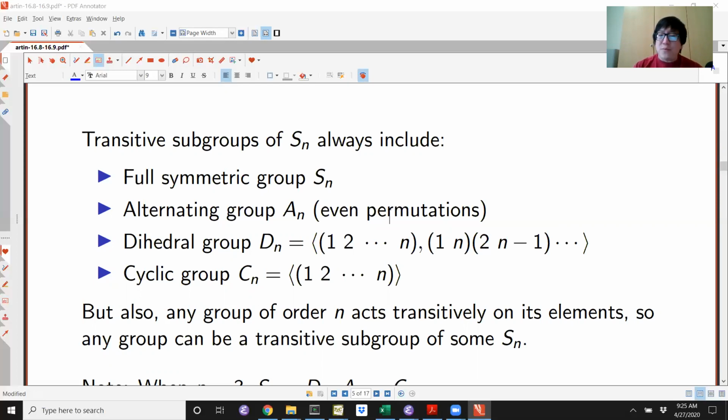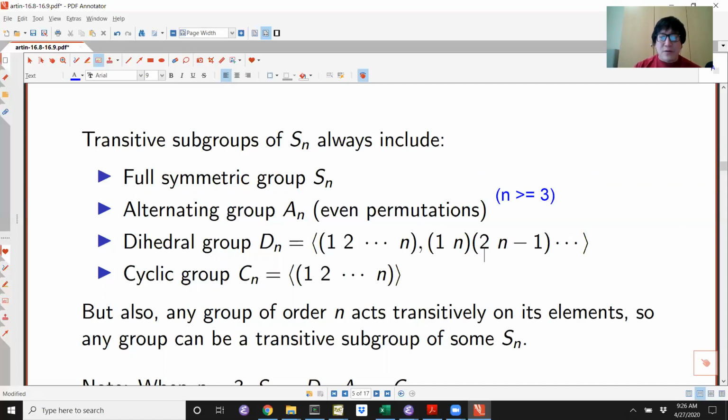Also true of the alternating group, though I should say the alternating group only works for n greater than or equal to 3. We always know what the Galois group is for n equals 2: it's the plus or minus in the quadratic equation, and it has order 2.